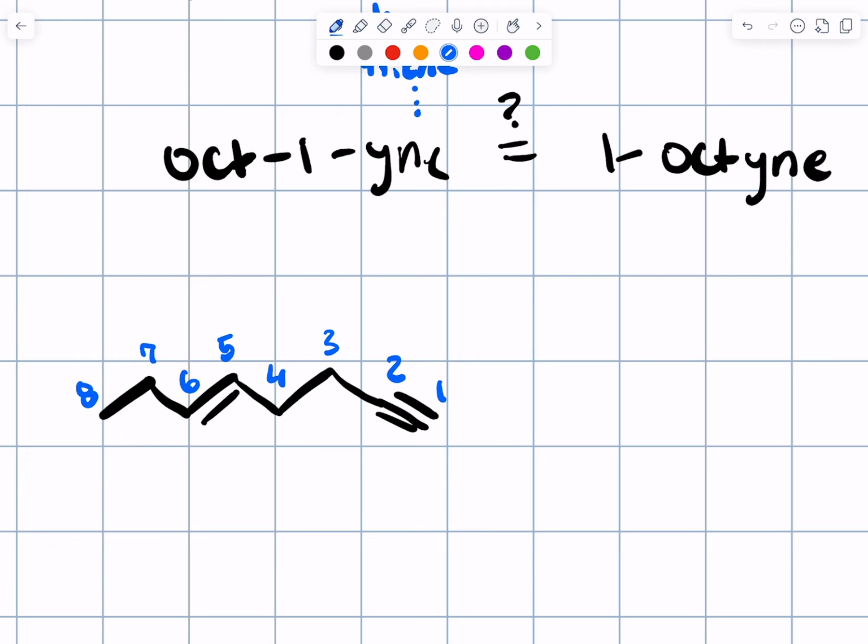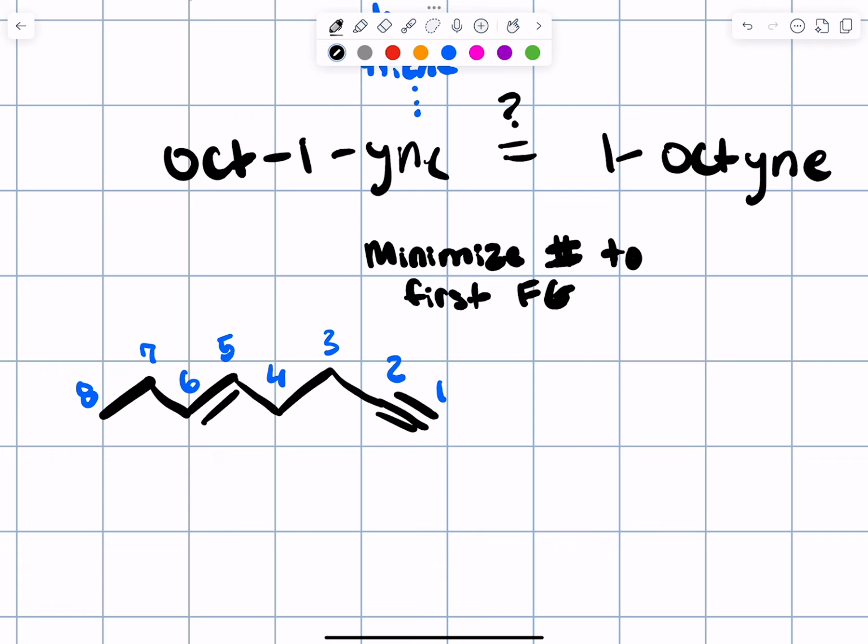The way that I will number this, by the way, is I want to give the minimum numbering to the first thing to show up. Minimize the number to the first functional group. The first whatever shows up.